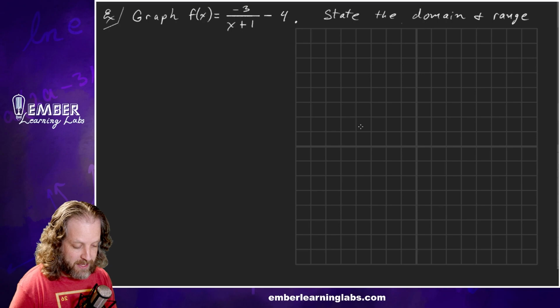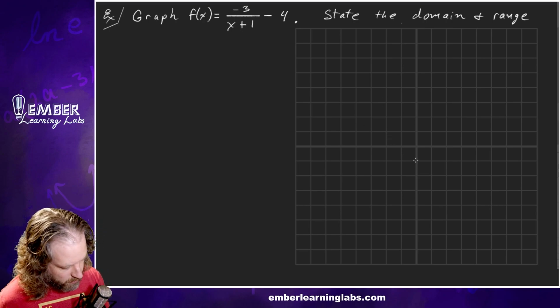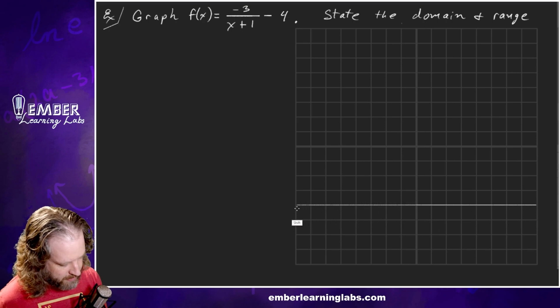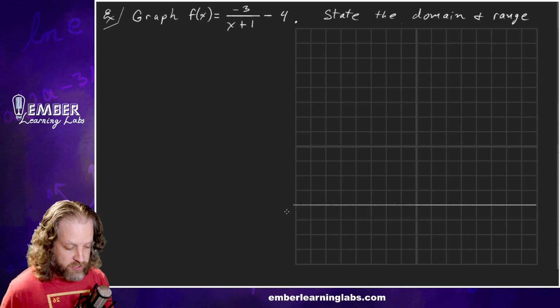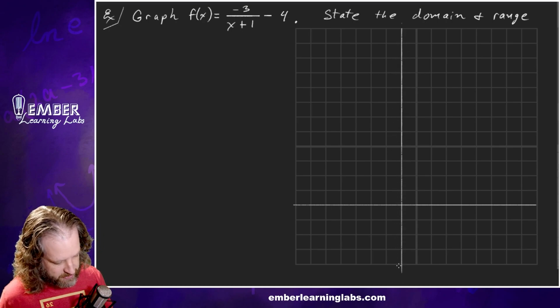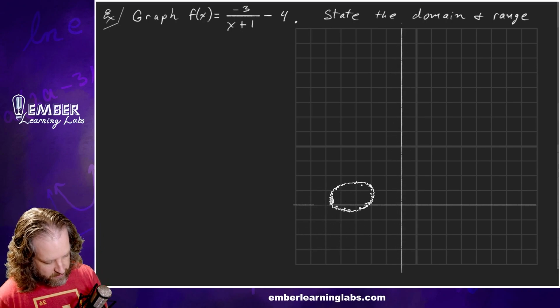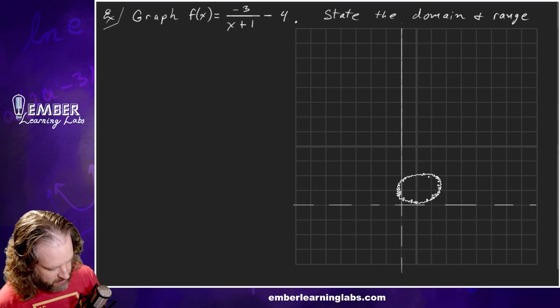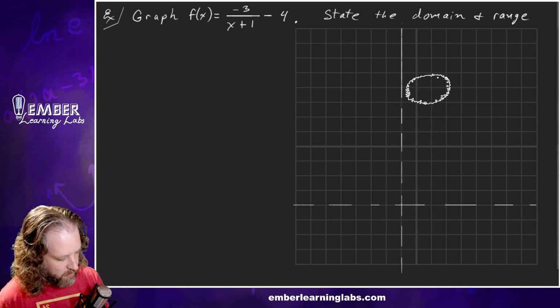Nothing real complicated there. Down 4, 1, 2, 3, 4. Down 4, I'll make it dash in a minute. And to the left 1, right? Easy peasy, lemon squeezy. There's no B to worry about. There's nothing weird happening.